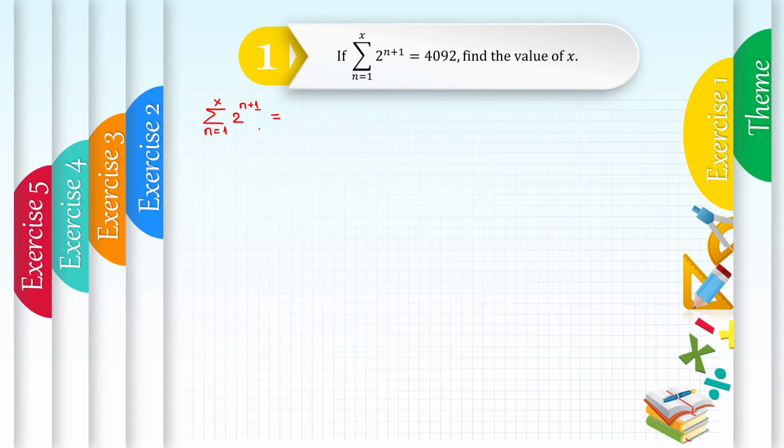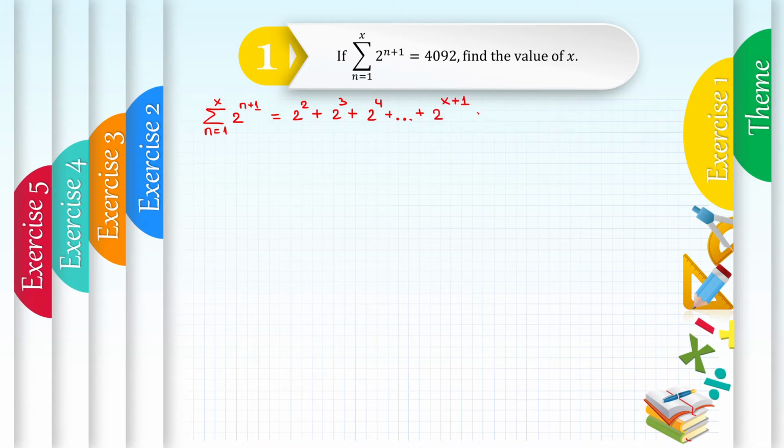So for n equal to 1, we will get 2 to power 2 plus for n equal to 2, we will get 2 to power 3 plus for n equal to 3, we will get 2 to power 4 plus and so on till 2 to power x plus 1.